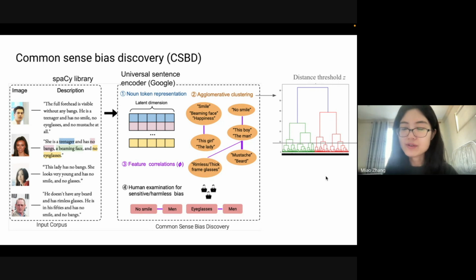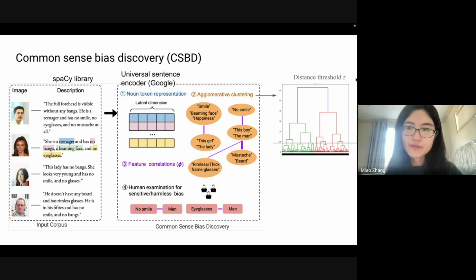Here we use the threshold of maximum distance, that is, for two clusters, the maximum Euclidean distance between any two points. If the distance is beyond this threshold, then we do not merge the two clusters.